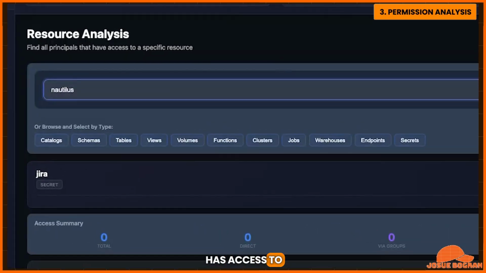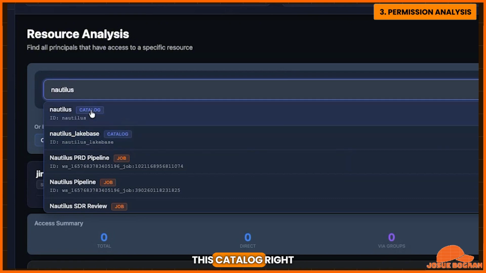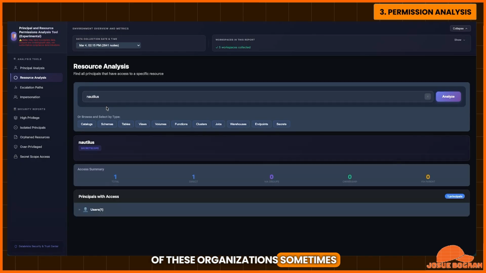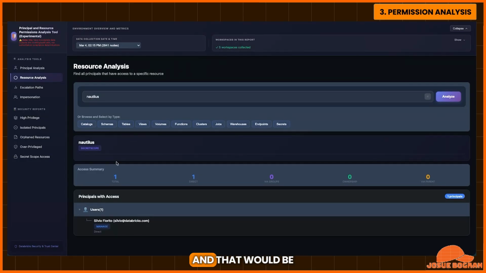There may also be a question around who has access to this catalog, right? Given the size of these organizations, sometimes it's very hard to know whether everybody has access or only a few people do, and that would be important to glean and be able to report on.